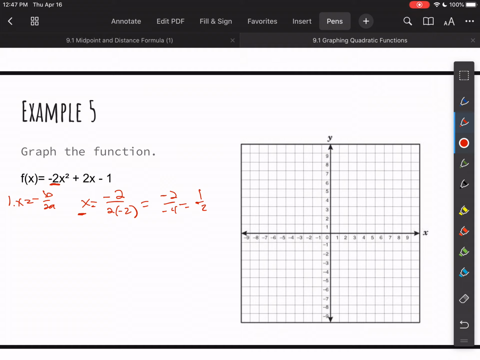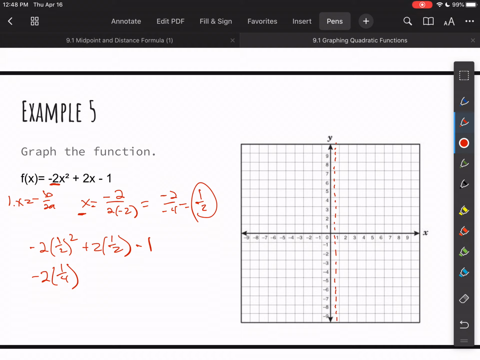So at 1/2, I have my symmetry line at x equals 1/2, which means my vertex is on that line someplace. To find out where it is, I'm going to plug in 1/2 for x. So negative 2 times (1/2) squared plus 2 times 1/2. Notice how I use parentheses when I plug those things in. 1/2 squared is 1/4, so this is negative 2 times 1/4.